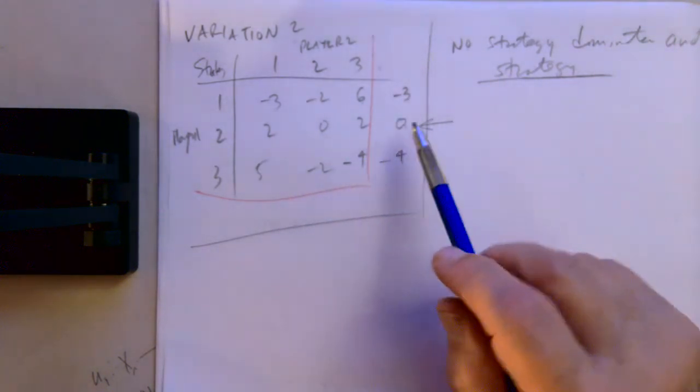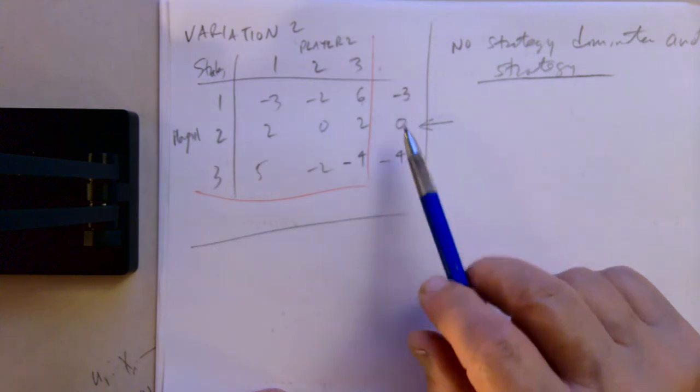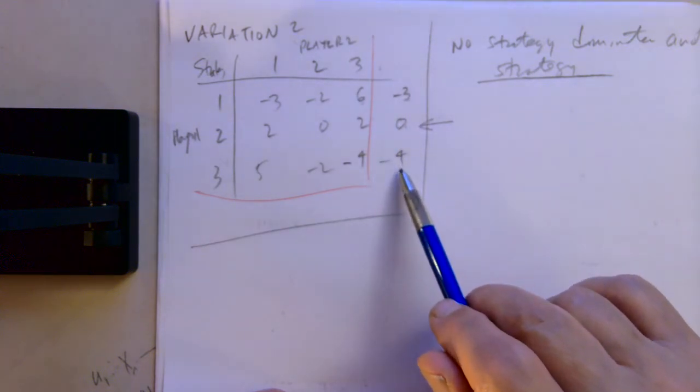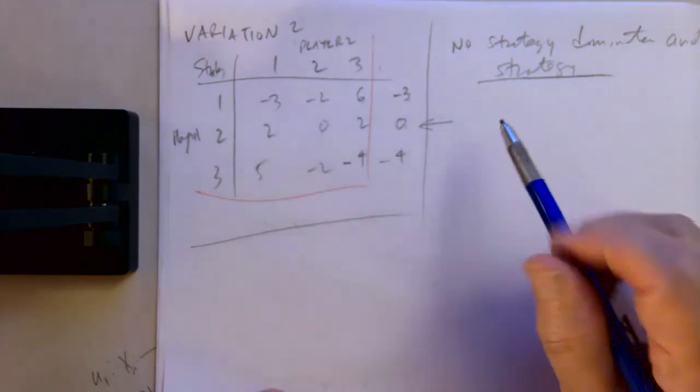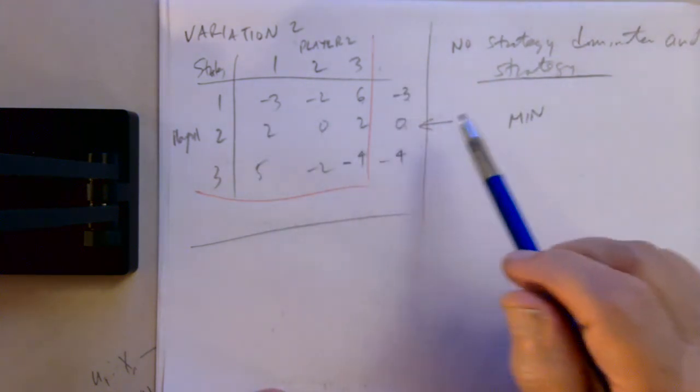Because of these three strategies, here in the worst case you would lose 3,000. Here you would break even. Here you would lose 4,000. So for each strategy, I choose the minimum.